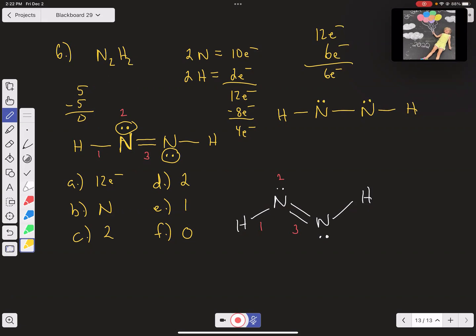I have a problem because I've got 6 electrons on that nitrogen. I've got 6 electrons on this nitrogen, and I only have 2 left to assign. So if I do another lone pair, okay, great. I filled the octet for this nitrogen, but I'm violating the octet rule for this nitrogen.